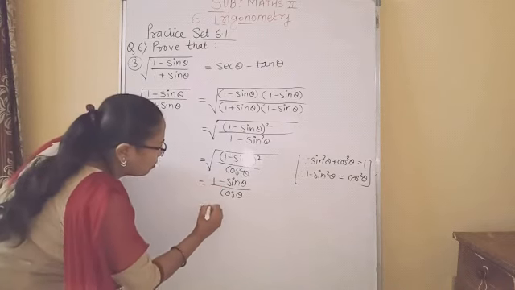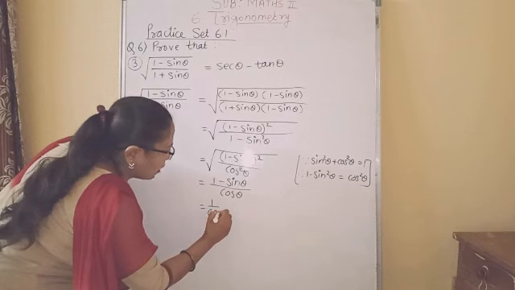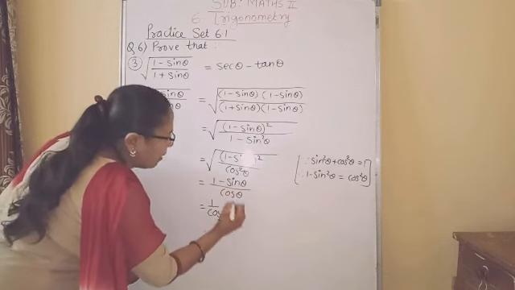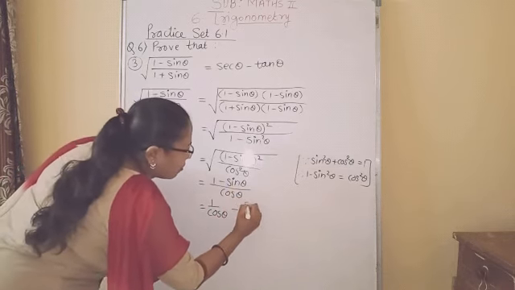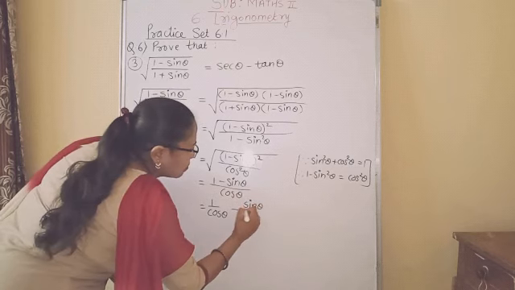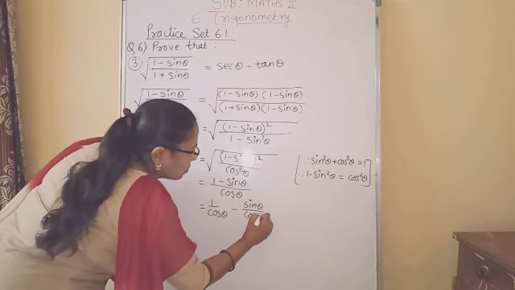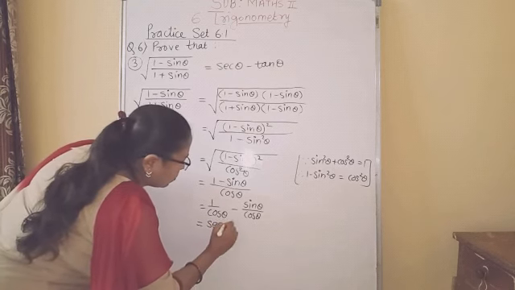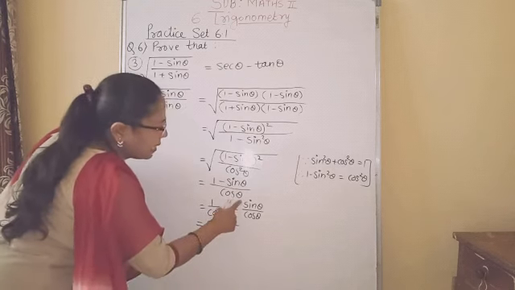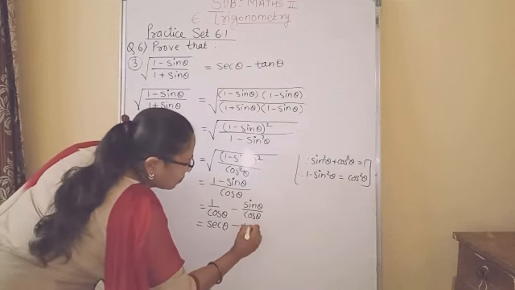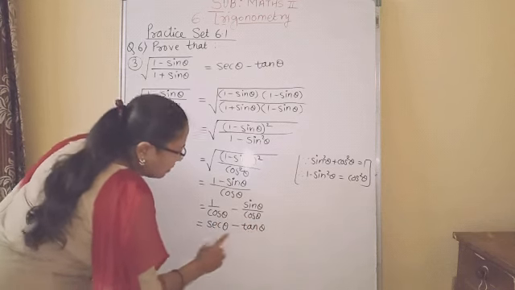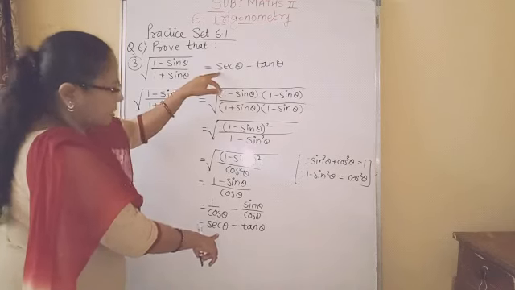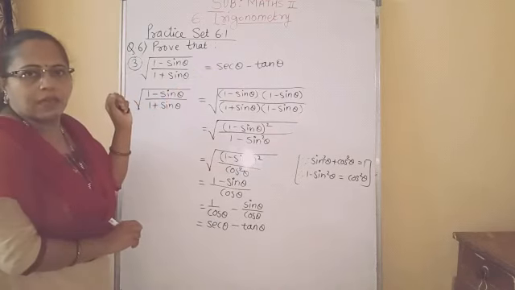Here we will get 1 upon cos theta minus sin theta upon cos theta. So 1 upon cos theta is equal to sec theta, and sin theta upon cos theta is equal to tan theta. See, this way we got sec theta minus tan theta.